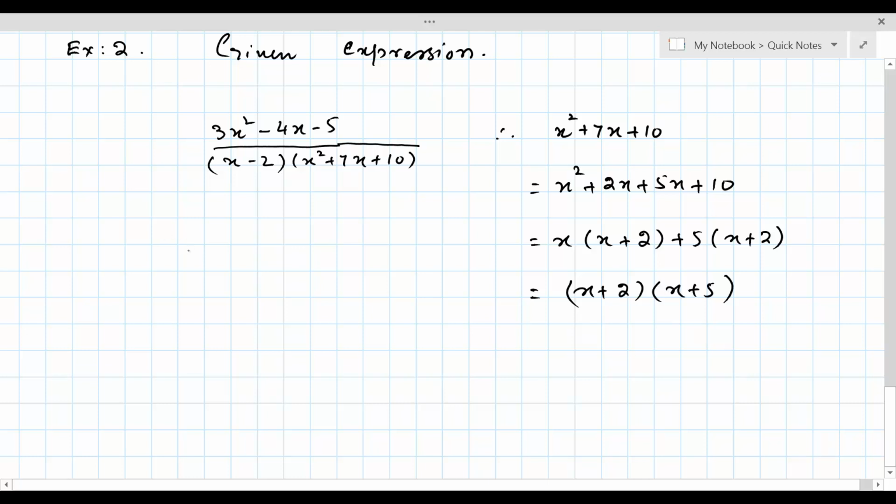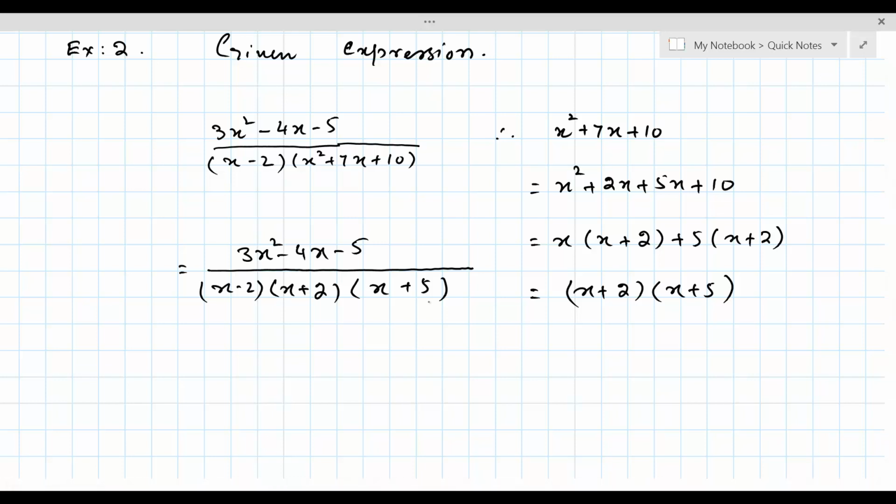It means the given expression can be written in the form 3x square minus 4x minus 5 over x minus 2 into x plus 2 into x plus 5. So now this given expression takes the form which was described in the start.